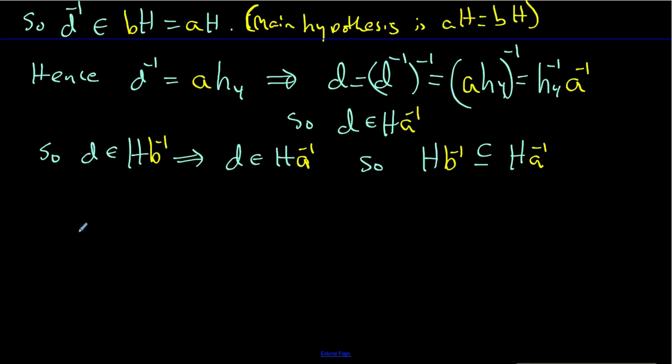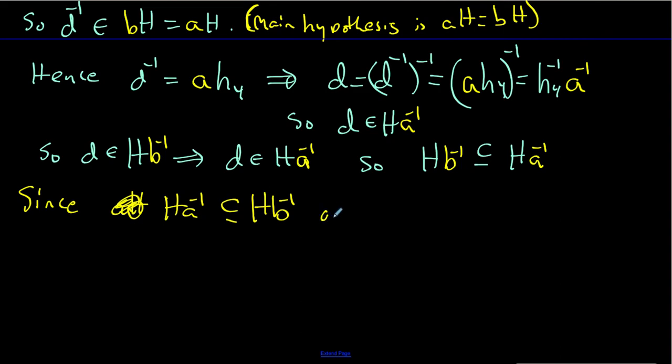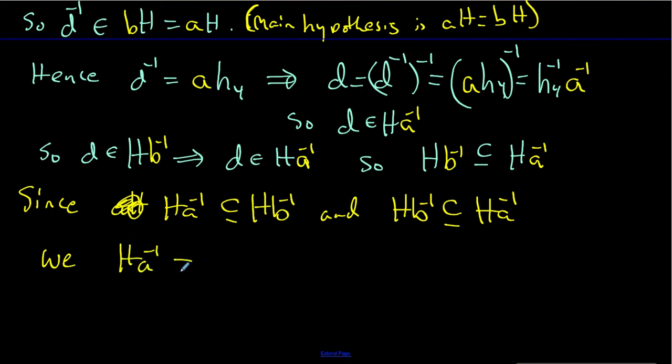Once we have both inclusions written, it's useful to write a final conclusion that says, since we know the right coset HA inverse is a subset of the right coset HB inverse, and we know that the right coset HB inverse is a subset of the right coset HA inverse, we can conclude by a double inclusion proof that we've just completed that the two right cosets are equal.